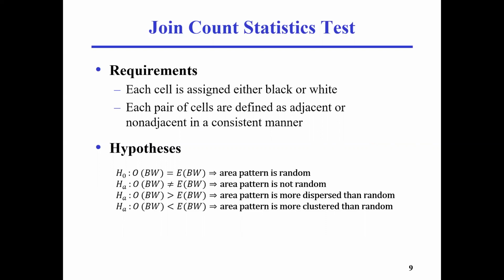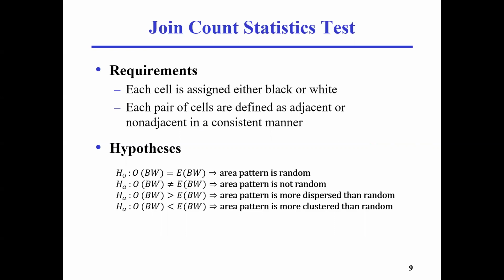And each pair of cells is defined as adjacent or non-adjacent in a consistent manner, which means you have to apply the same definition of neighborhood on the whole chessboard. You cannot change the definition of neighborhood during your calculation.